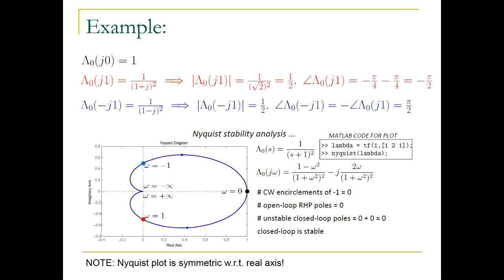So for omega minus infinity, that's the starting point. As we increase omega, the plot does this. So this is the image of lambda as s takes values on the imaginary axis, j omega, from minus infinity to plus infinity. That's exactly what it is.